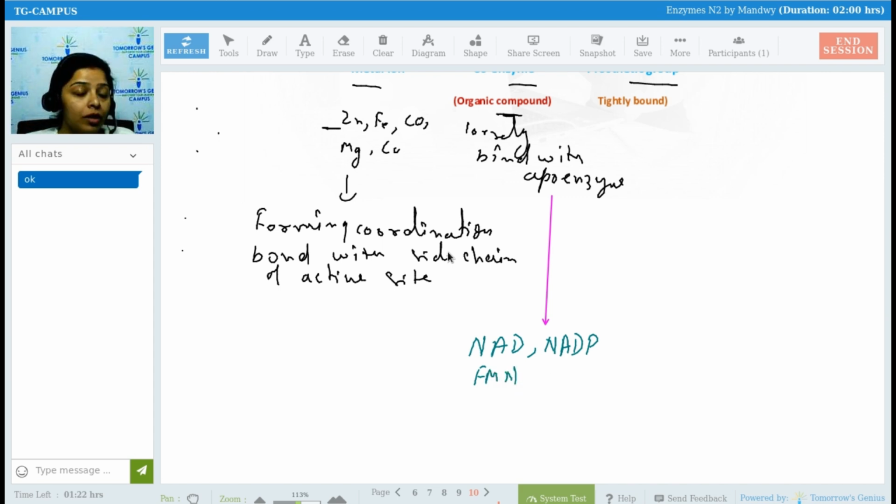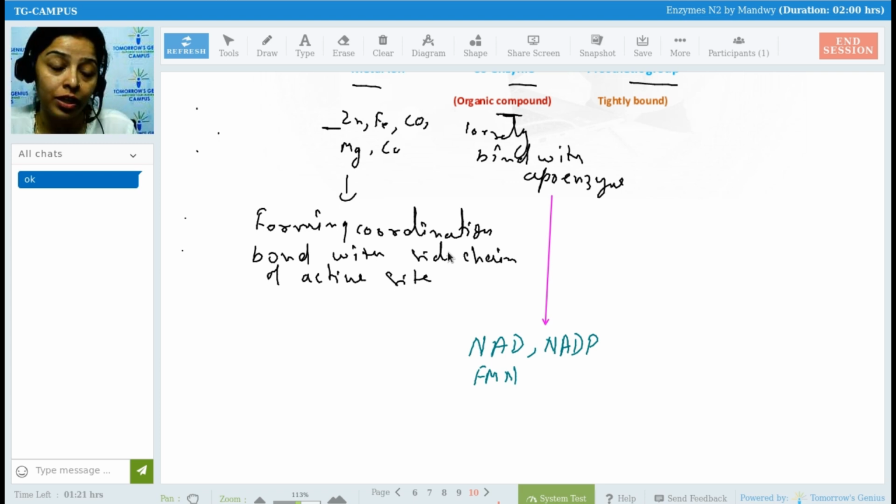In the next unit, plant physiology, you are going through all these terms in photosynthesis, in the phosphorylation process. Are you getting me? Okay, so these are the examples of coenzyme.